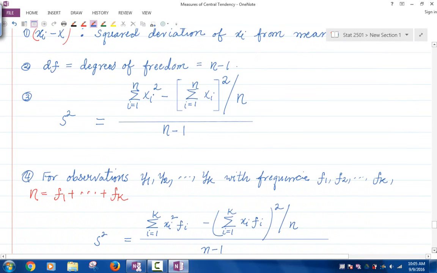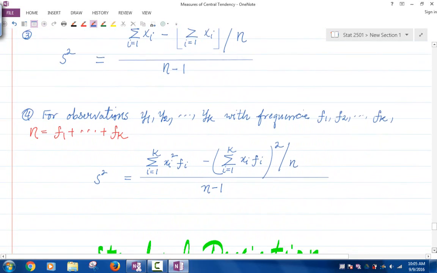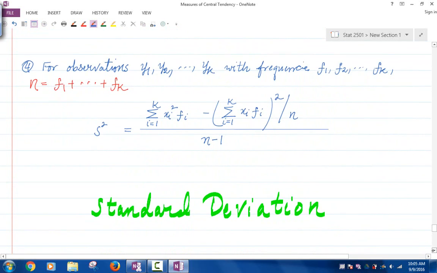Now number 4. For observations y1 through yk with frequencies f1 through fk, the sample variance will be given by the summation xi squared times fi minus the summation xi fi whole squared divided by n, and then the whole thing divided by n minus 1.